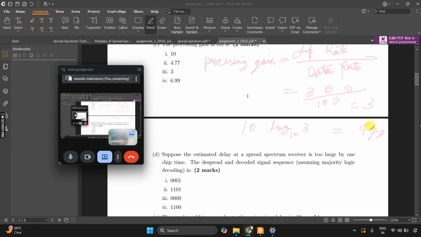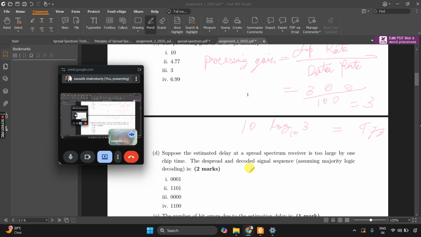So it is the estimated delay. The one chip time is 1 by 300.